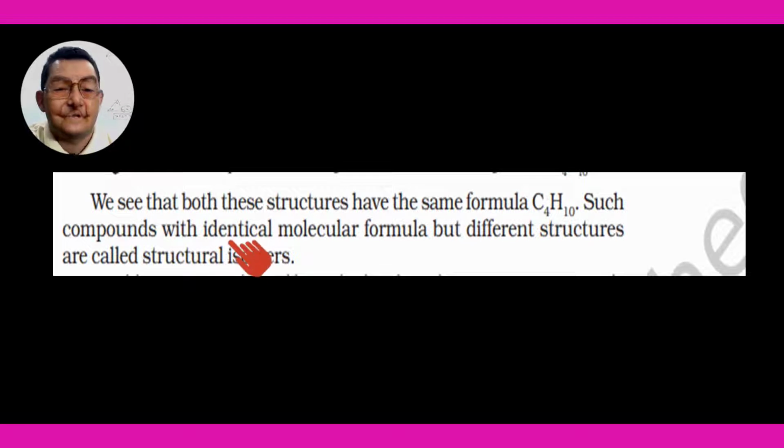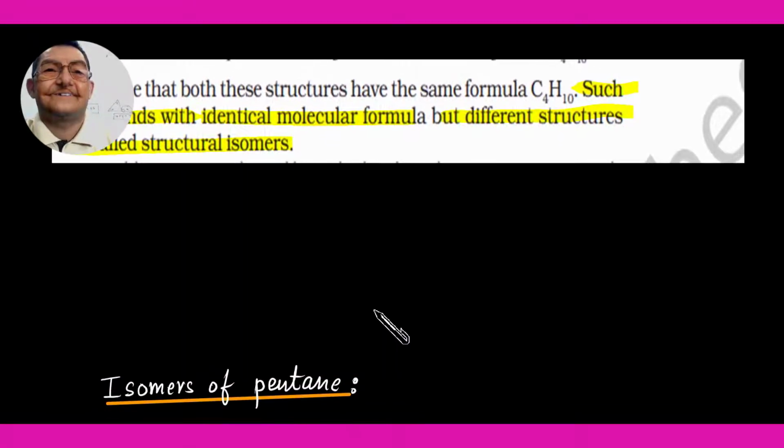Such compounds with the same molecular formula but different structures are called structural isomers.